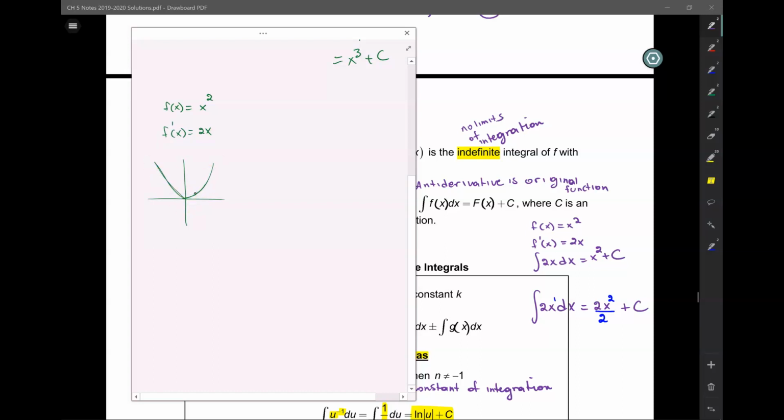So the slope of this changes in a specific way, correct? Yes? So now, suppose I gave you the integral of 2x dx. What would you say that is?